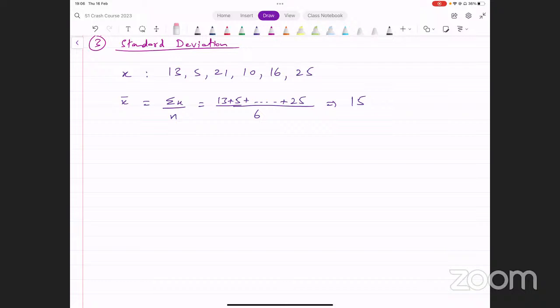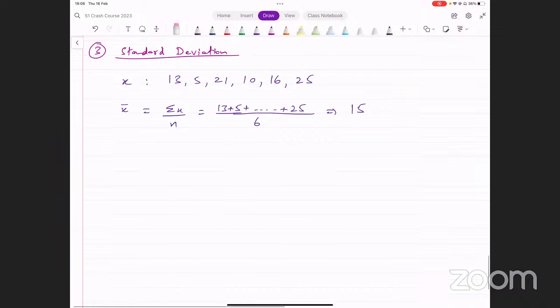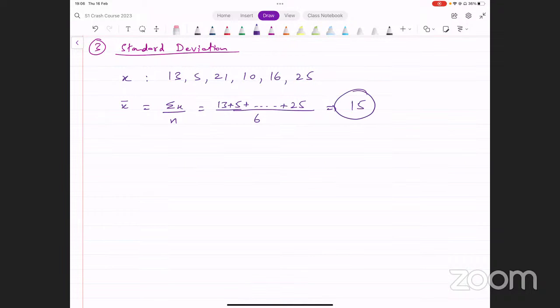Now, what exactly is standard deviation? Standard deviation basically tries to measure how much distance the values have from the mean on average. How far are the values on average from the mean value? The mean is 15. How far is 13 from that? How far is 5 from that?